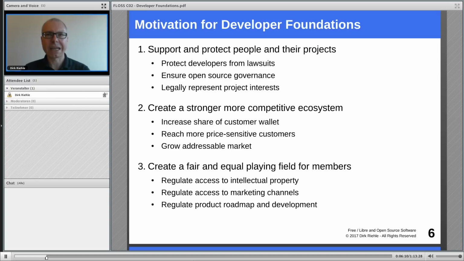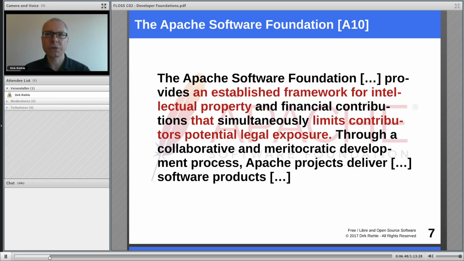Usually this means regulating access to intellectual property rights, access to marketing channels on how to reach customers associated with the software perhaps, but also making sure that one's own products that typically build on the open source projects are aligned with the product roadmap and match the development cycles and what have you that the open source project is performing. So now let's look at these motivations and the variations in developer foundations in turn.